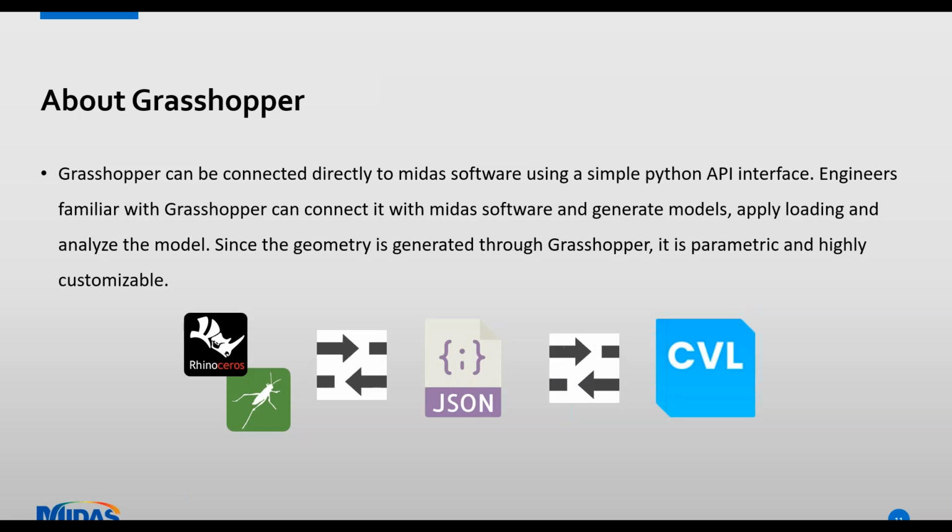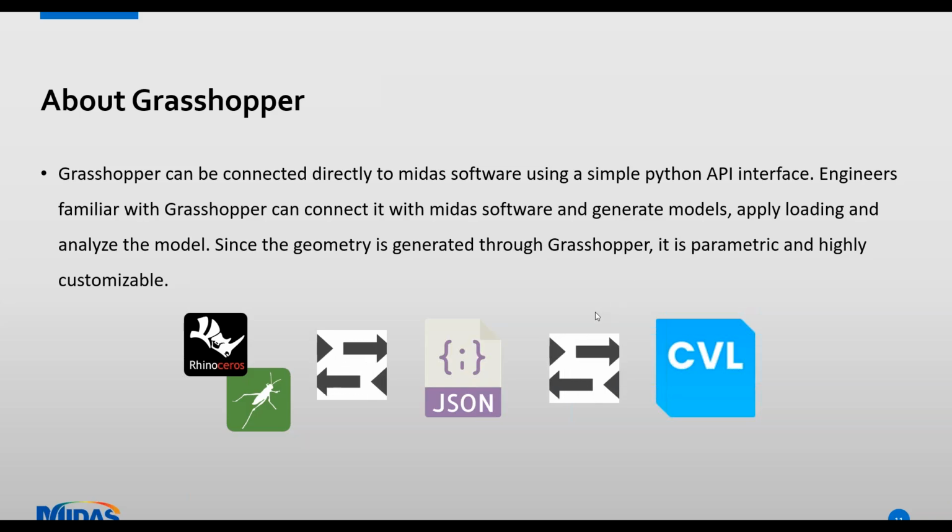Grasshopper can be connected directly to the MIDAS software using the simple Python API interface. Grasshopper is basically parametric modeling software. It has a graphical interface with Rhino, and we can generate any type of complex geometry, which can now integrate with MIDAS Civil NX as well.